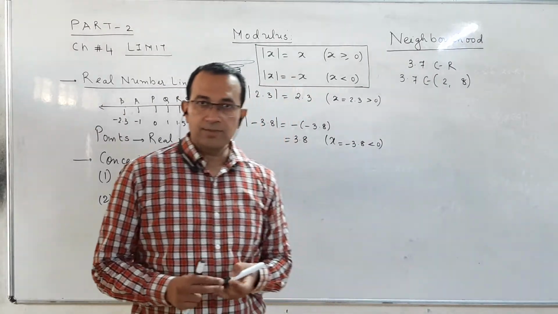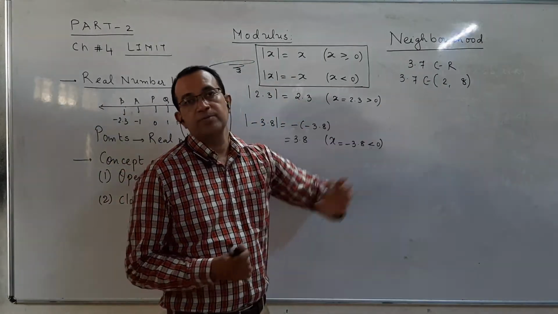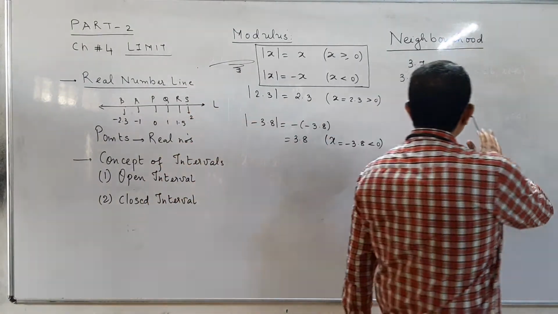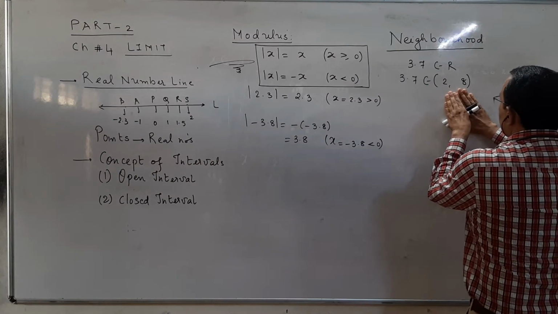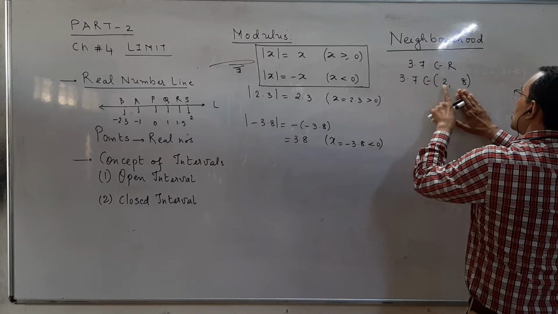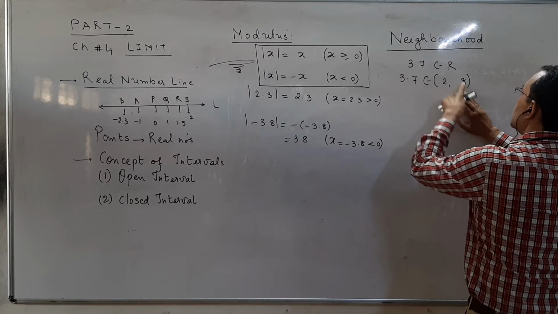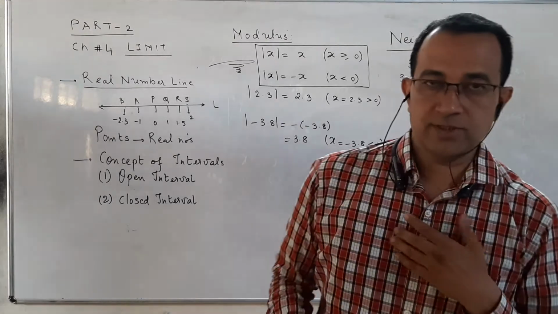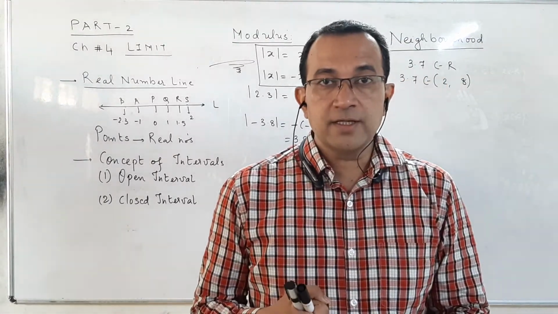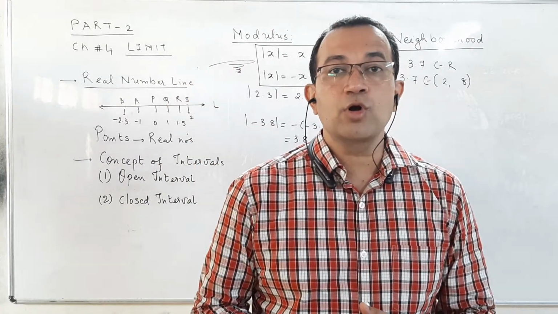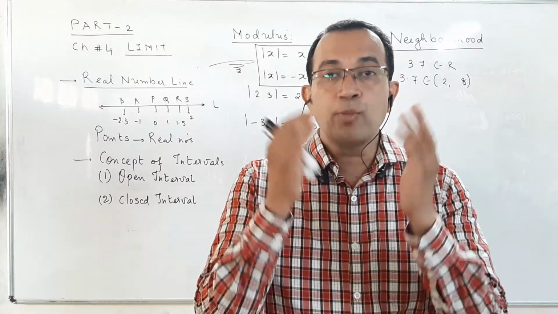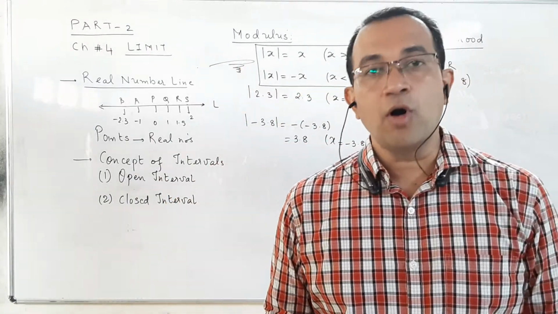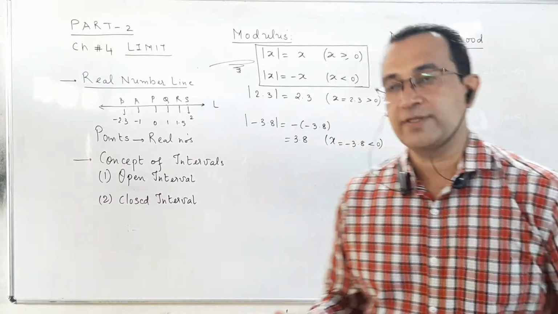As this open interval (2, 8) includes 3.7, the open interval (2, 8) is called a neighborhood of the real number 3.7.